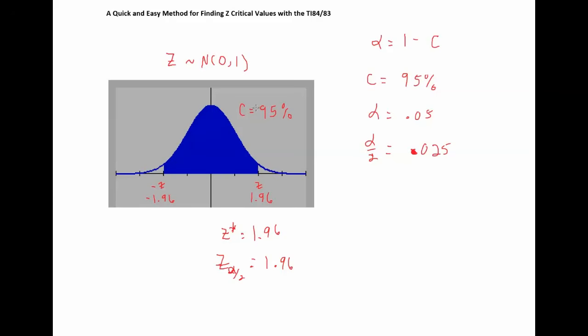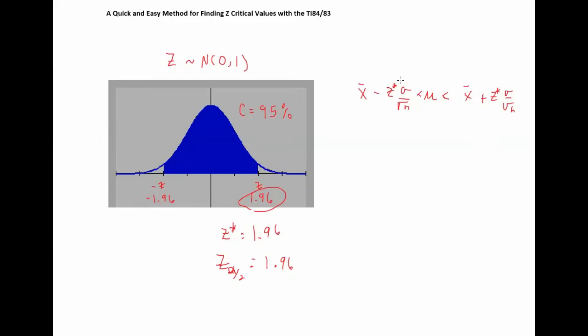So if I use this technique to find the values in the Z distribution that capture 95% between them, and I get this 1.96, that's the critical value for a 95% interval, but it's also the critical value for an alpha of 0.05. I have this formula, and I want to find the critical value Z star, which is the value that will give me a certain given middle percentage.